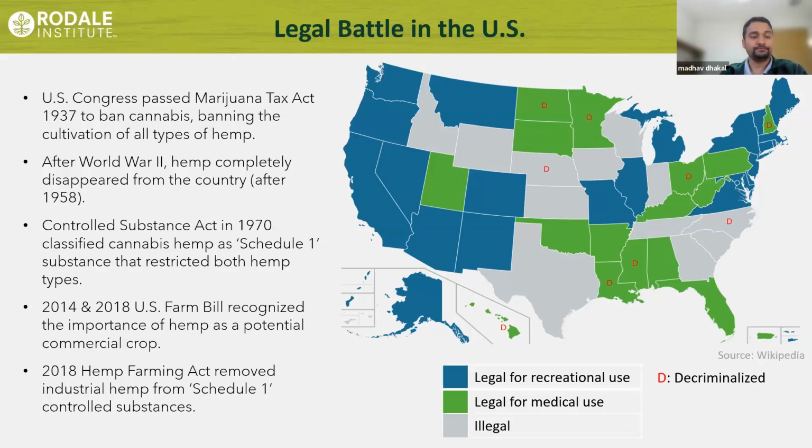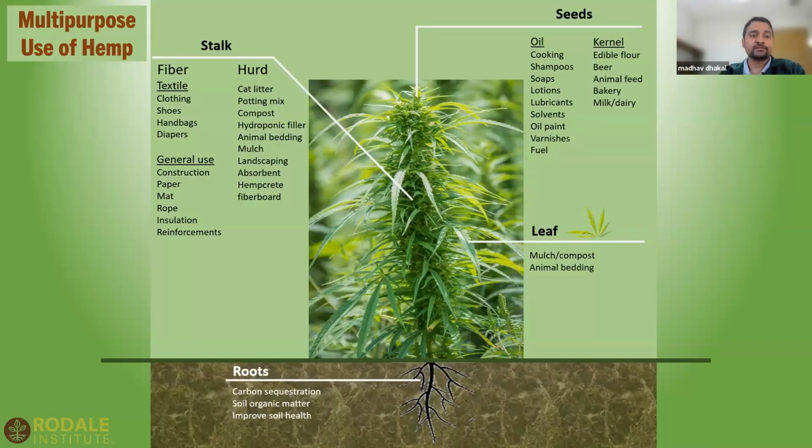the future as well. When we talk about the multi-purpose use of hemp, almost every single part of the plant can be used. For example, the stalk, where we extract fiber, and then the hurd as well. The fiber can go to textiles for clothing, shoes, handbags, and diapers.